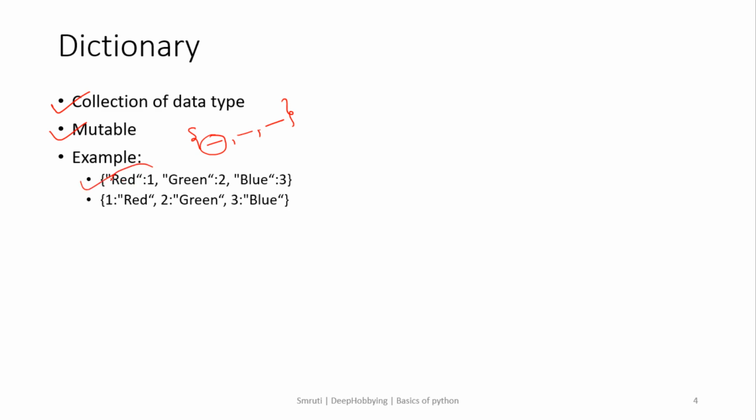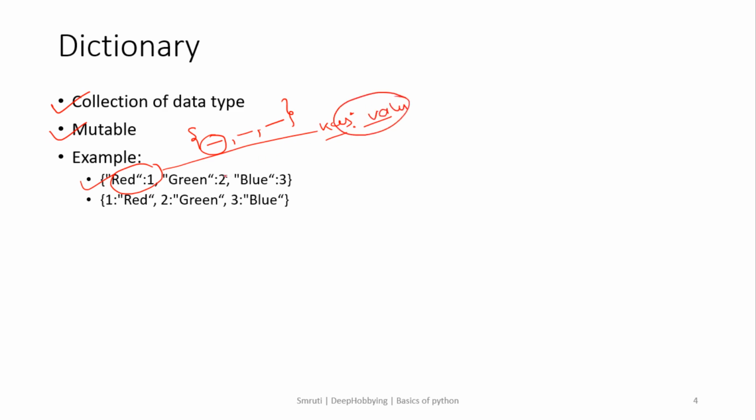If you take the first item of that dictionary, it has two parts, separated by a colon. Whatever part comes before the colon, on the left hand side, is called the key, and the part of the item which comes after the colon, on the right hand side, is called the value.